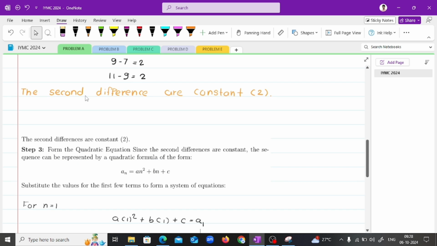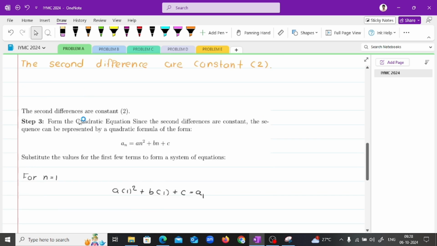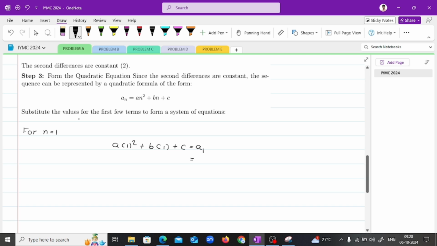And we know that a_1, the first term of the sequence, is 2. So I will write 2 in place of a_1 and simplify the left-hand side of this equation. 1 squared is 1, so it will be a + b + c.